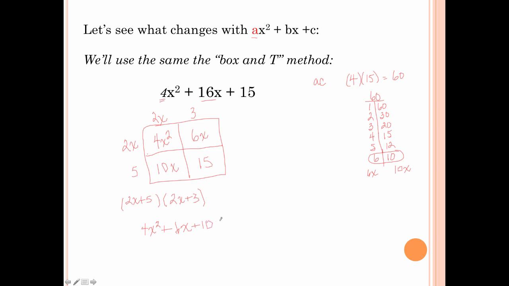And my last term is 15. So when I combine these like terms, I do have 4x squared plus 16x plus 15, which is exactly where I started. So I know that these two binomials represent my factors of this trinomial.